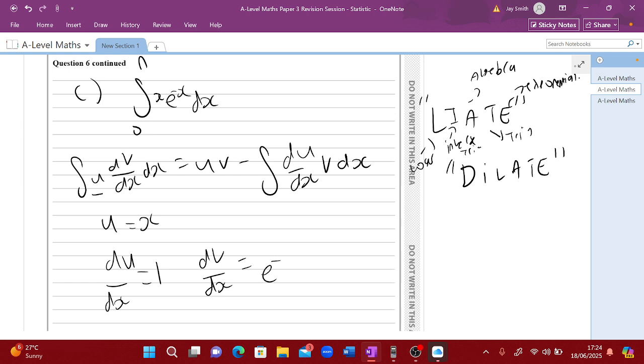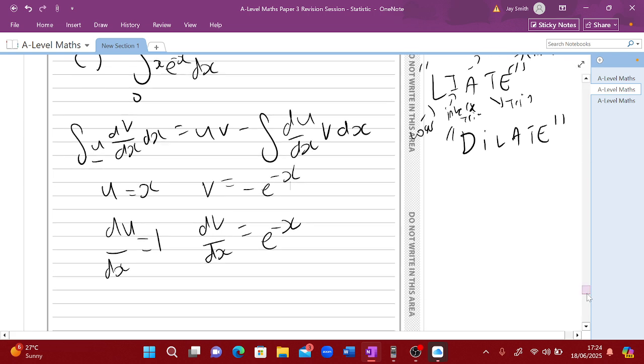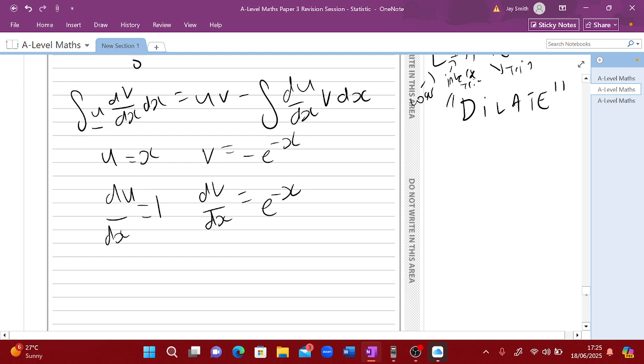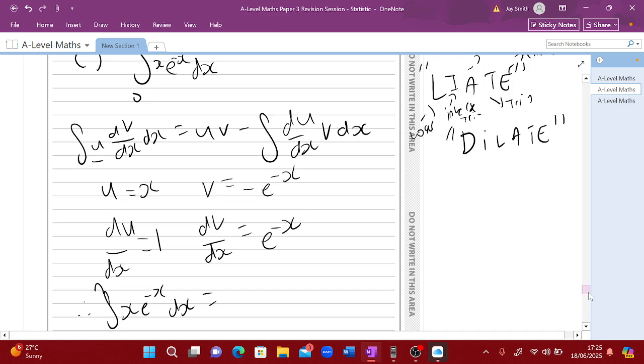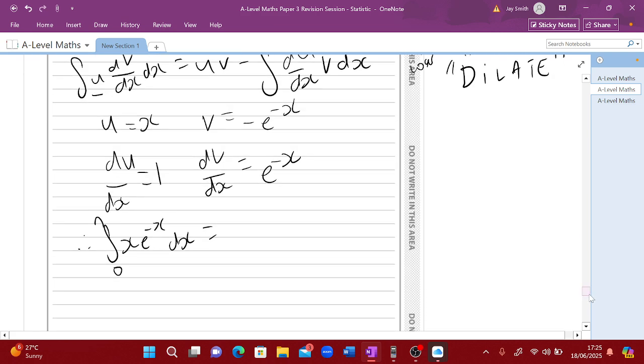So dv/dx is e to the minus x, by default the other function, and then we integrate that. Well, it's going to be minus e to the minus x, isn't it? And then we're going to plug that into the by parts formula. So therefore, the integral of x e to the minus x between n and 0, well, first of all, let's just integrate.